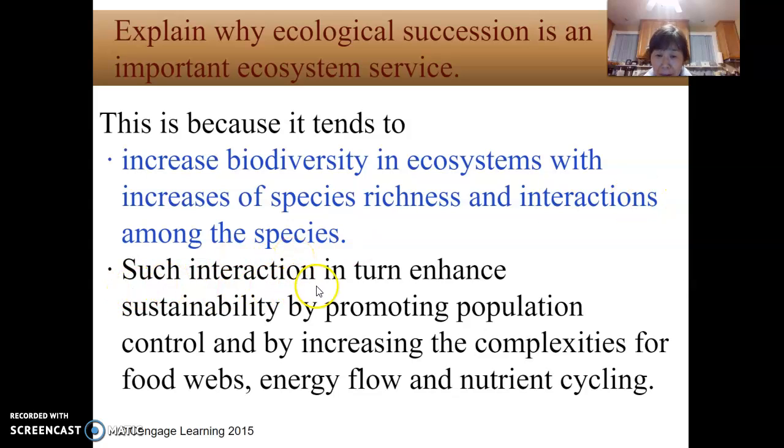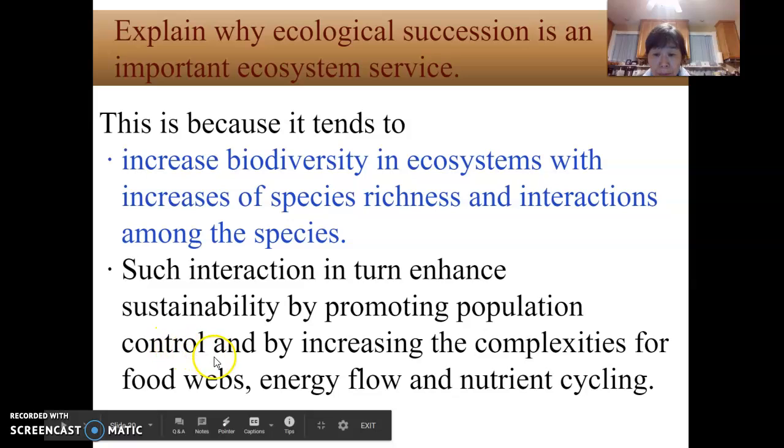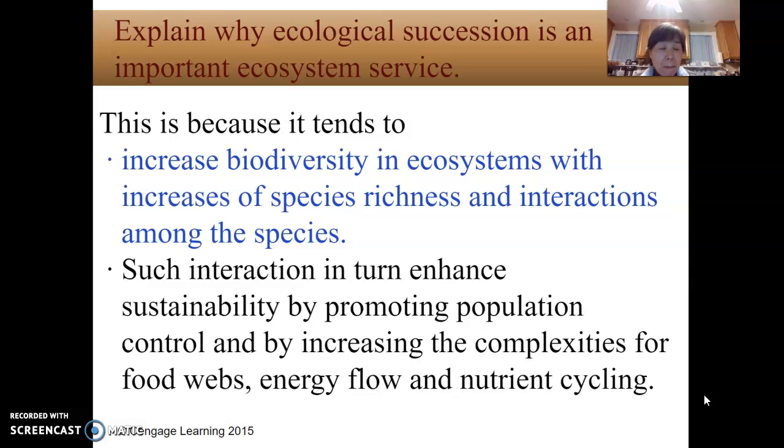Number two, such interactions in turn enhance sustainability by promoting population control and by increasing the complexity of the food chain, energy flow, and nutrient cycling, thus making that ecosystem more sustainable than a simple ecosystem.